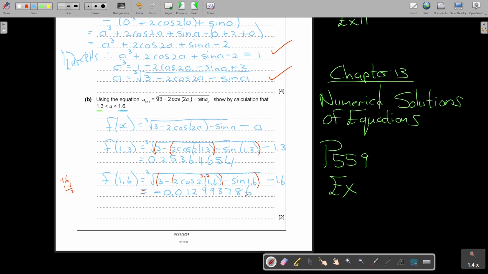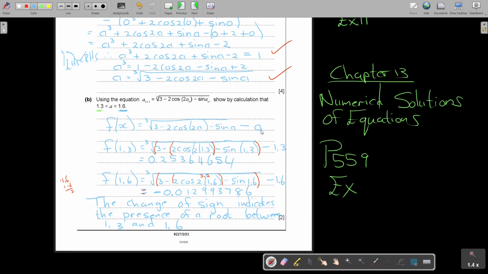Okay, and now I end with a sentence like this: the change of sign indicates the presence of a root between 1.3 and 1.6. Okay, so very important.